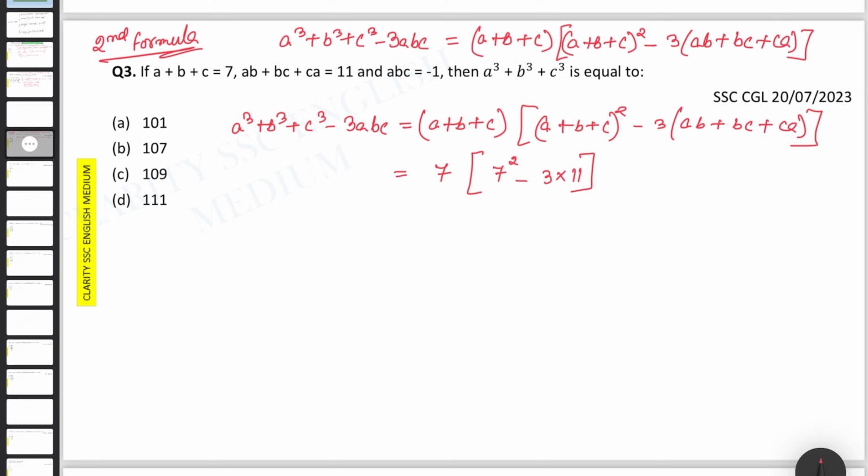This one is very simple. And here, a cube plus b cube plus c cube minus thrice abc. What is the value of abc? It's minus 1.